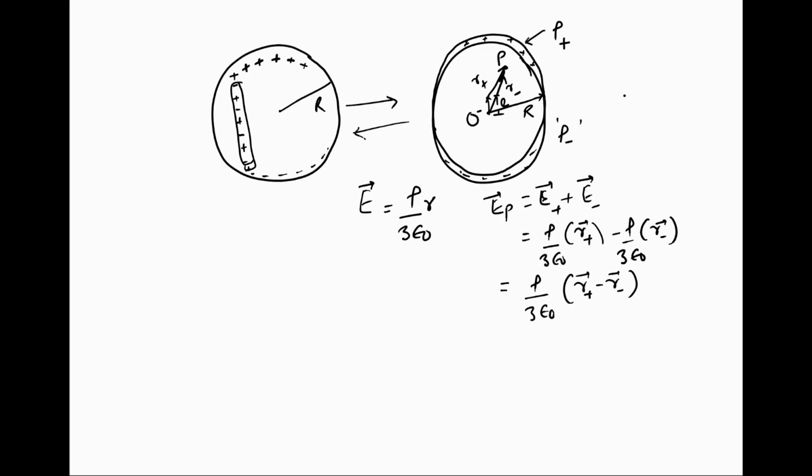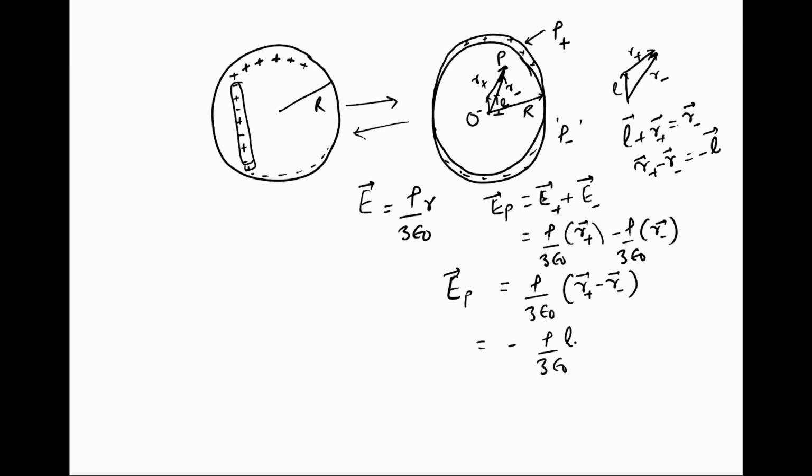From this diagram we can see that this is r minus, this is L, and this is r plus, so L plus r plus gives r minus. So r plus minus r minus is equal to minus L. The resultant field at point P will be minus rho L over 3 epsilon naught. So this is the resultant field.